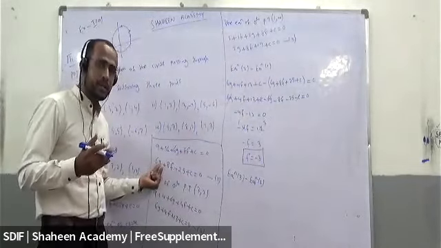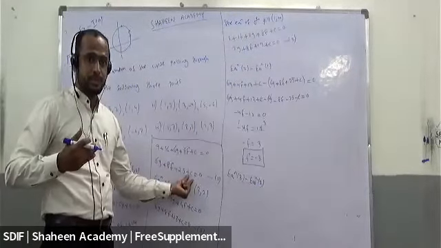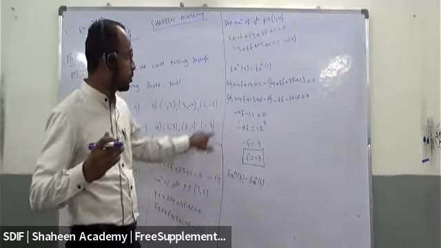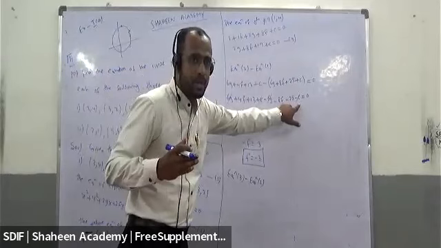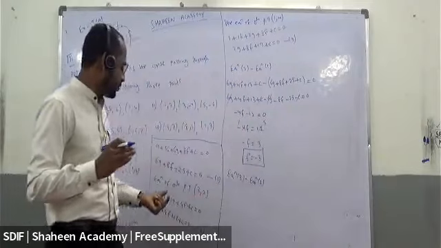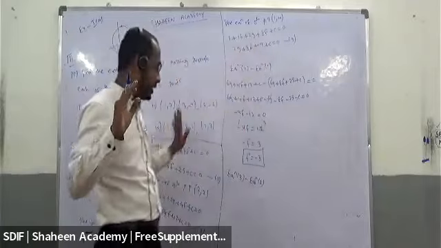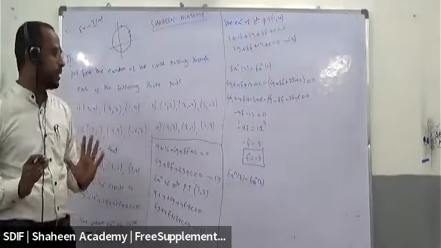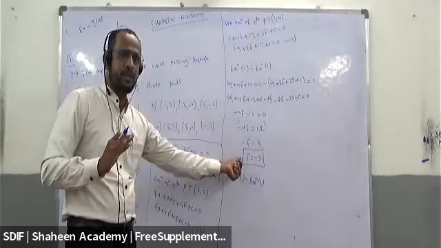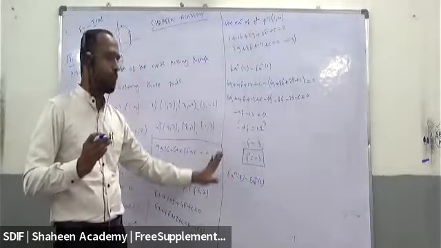Here g is unknown, f is unknown, c is unknown, so at a time we have 3 unknown values. So we first have to cancel any one value. Here we have cancelled the constant term c. Then it's easy to find the values of g and f. That's why first we used equation 2 and equation 1. You can use equations 2 and 3, or equations 3 and 1. It's up to you, but your intention should be to get the values. So this is a proper way to get the values.